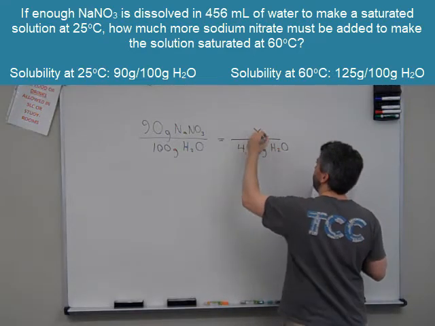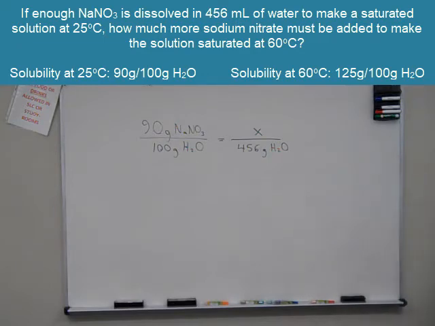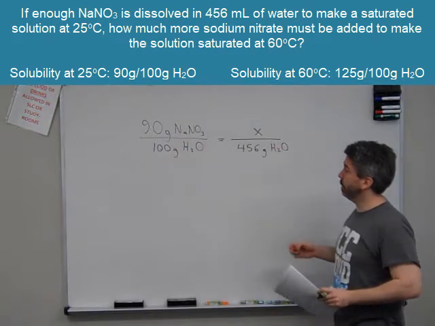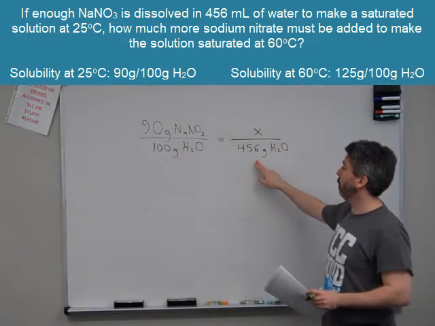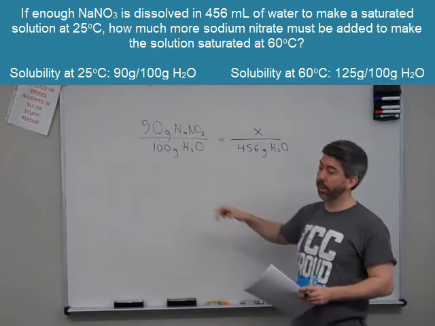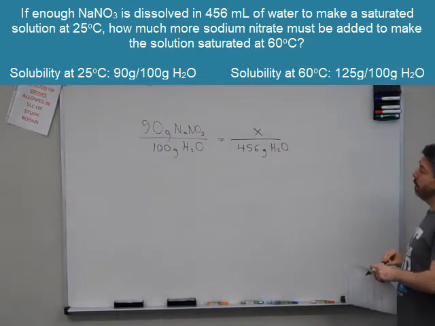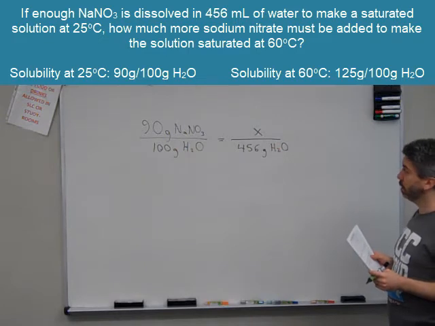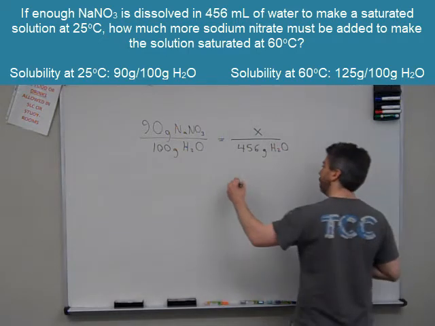And so we have to solve for how much is dissolved in 456 grams. We're just going to take 90 times 456 divided by 100. 41040 is the multiplication, and divide by 100.